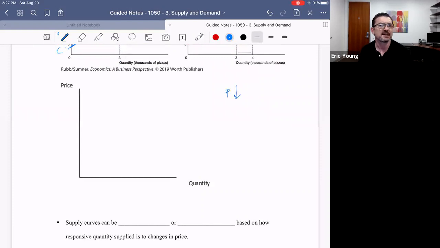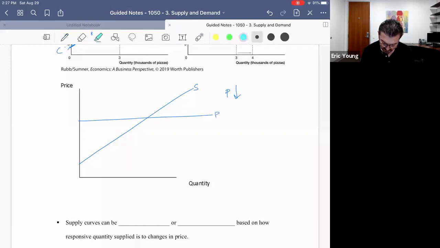We're going to predict that this is probably not good for sellers, but let's figure it out graphically. Producer surplus, again, is the triangle between the supply curve and the price. In this case, it would be this triangle right here. This is our producer surplus, okay?